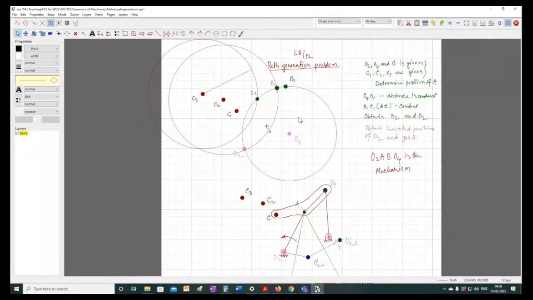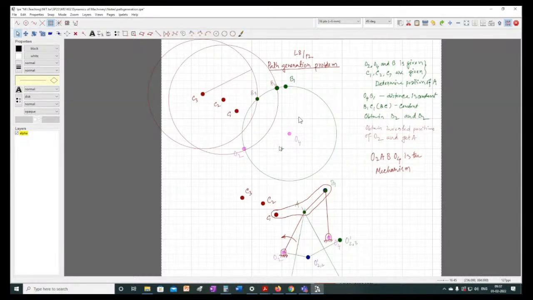In motion generation, 3 positions of the coupler are given, and we had to find the dimensions of the links, or basically the distance between hinge points.